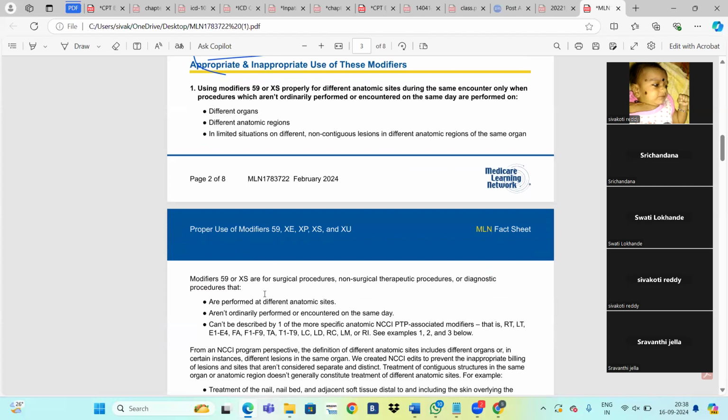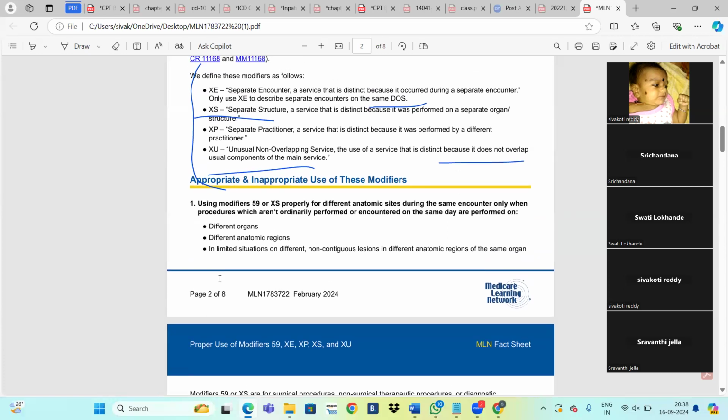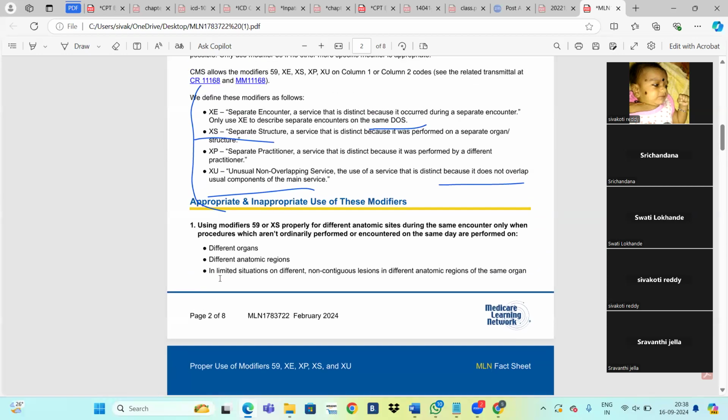If they did a procedure on the sigmoid colon and descending colon, separate structures, you need to give XS.